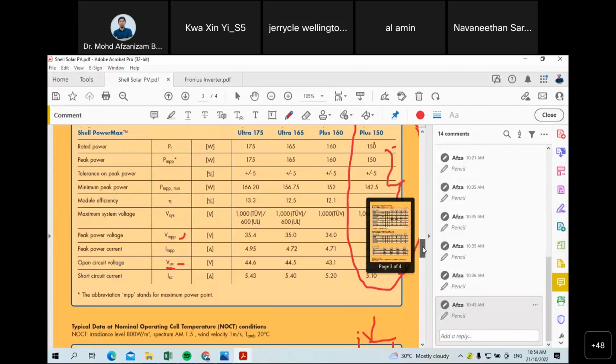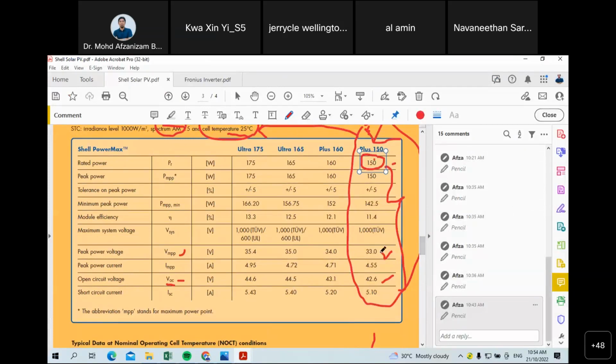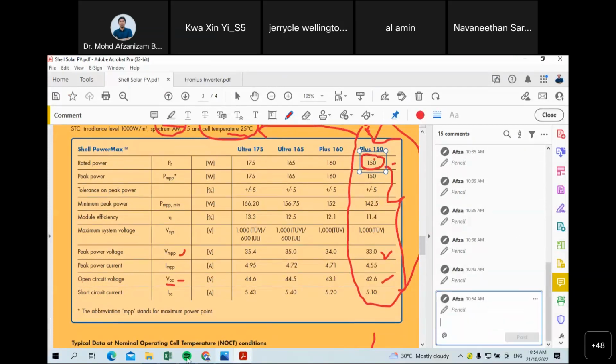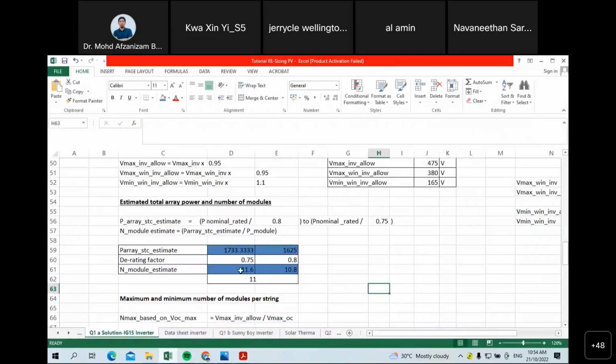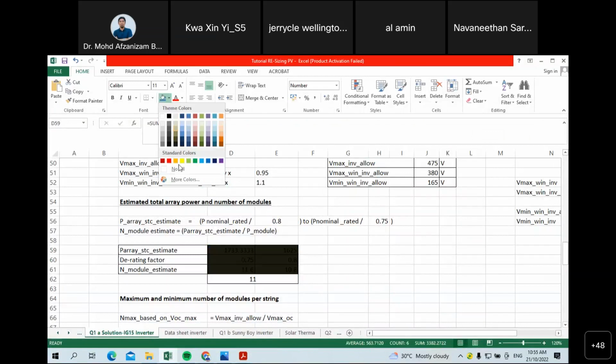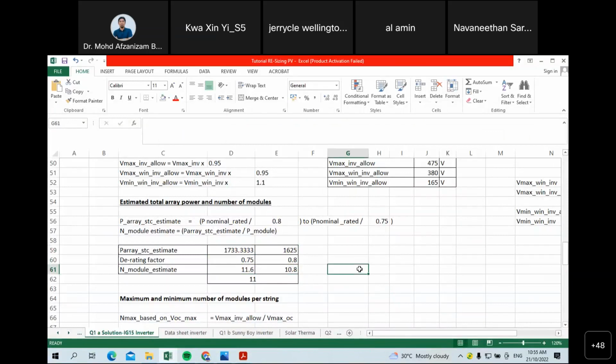And then it should obtain more or less in the range of 11.6 and 10.8. So basically that's the answer. But that's not the final answer, guys, because we just get the idea of the range of the number of PV. We still have not solved the arrangement of the PV, either this 11 represents the whole in series or parallel. We never know yet.